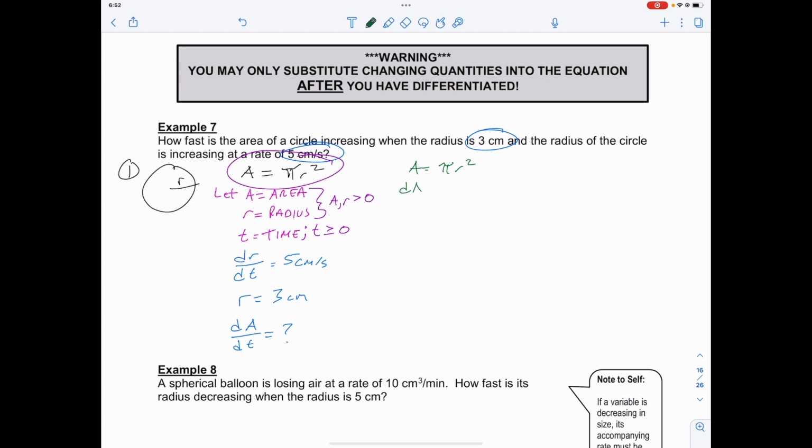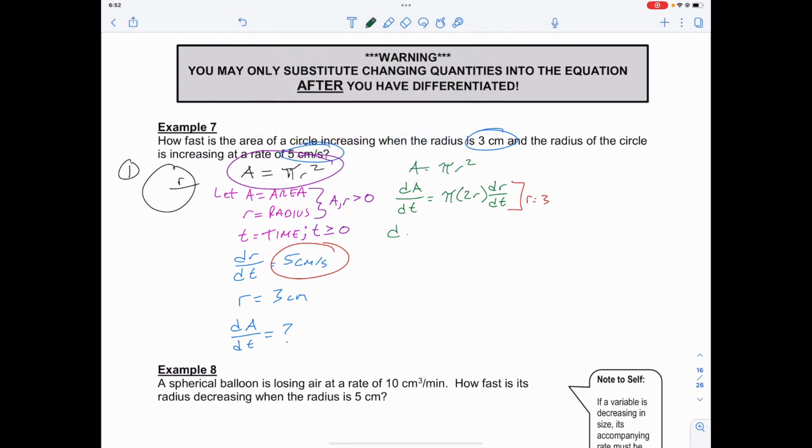then dA over dt is going to equal pi and 2r times dr over dt. And this is all happening when r is equal to 3, and we already know that dr over dt is going to be 5.